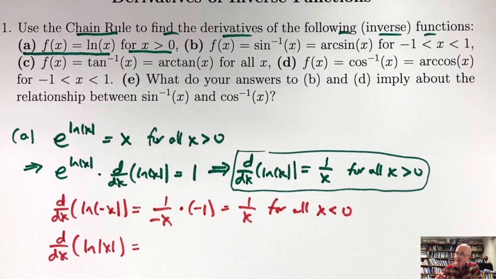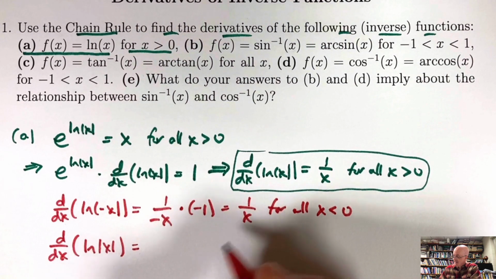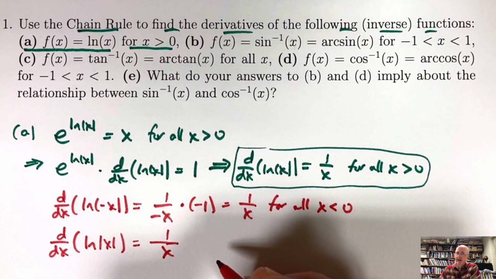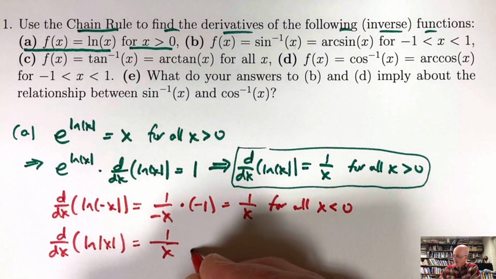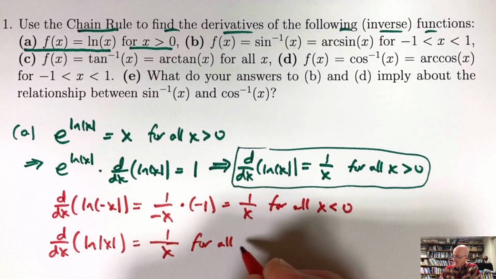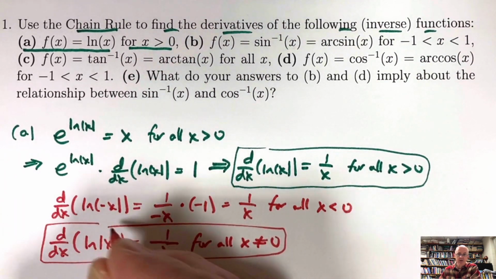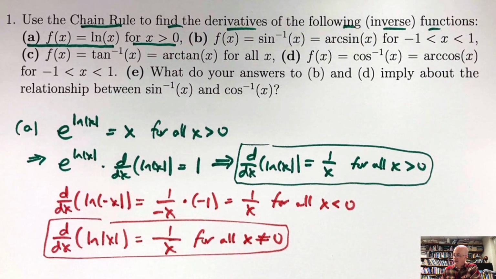Negative x is a positive number when x is negative. It's got to be the same answer when x is positive or when x is negative, but not when x is 0. This is true for all x not equal to 0, and that's also a fundamental fact to know in calculus that is useful for integration.